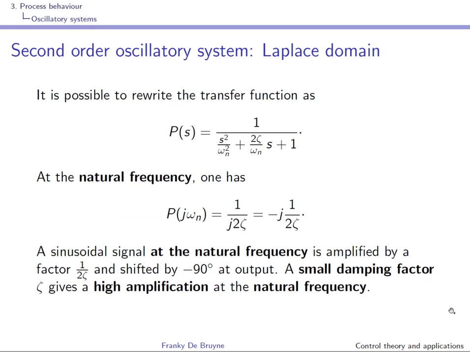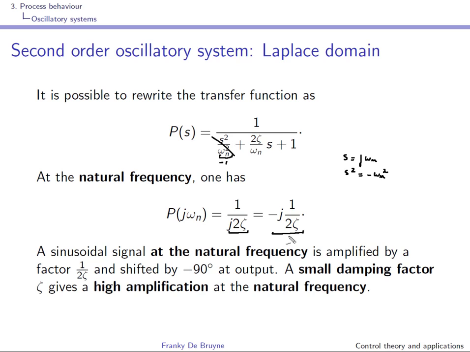Well, we can now have a look at what happens at the natural frequency. So s will be equal to j omega n, right? And s square will be equal to minus the natural frequency squared, right? So at the natural frequency, this one will be minus 1. It will cancel out with this one, and well, the transfer function evaluated at the natural frequency is given by this expression that you can rewrite as follows.